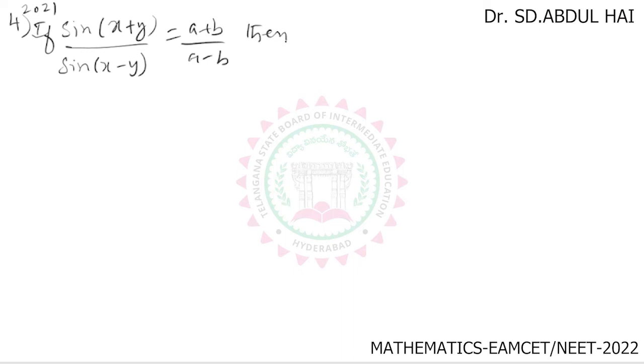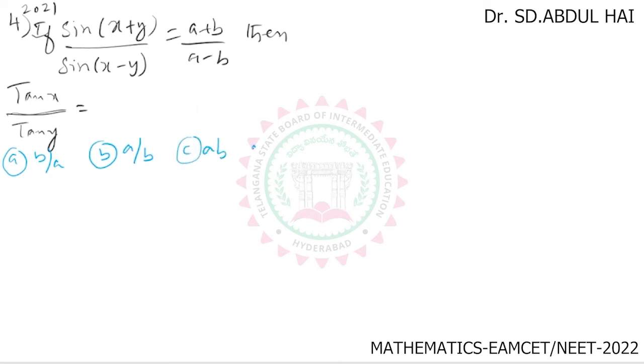Then tan x divided by tan y is equal to, the options are: the first option is b by a, second option is a by b, third option is ab, and the last option is a power of b.